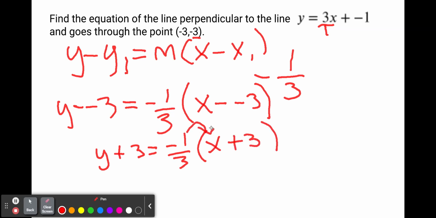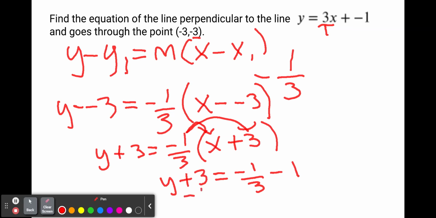Okay, I'm going to distribute. So I get -1/3 x, and to multiply -1/3 times 3, take -1 times 3, so that's -3, divided by 3, so that's -1 equals y plus 3.